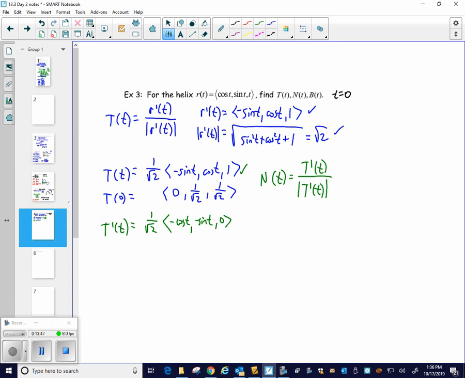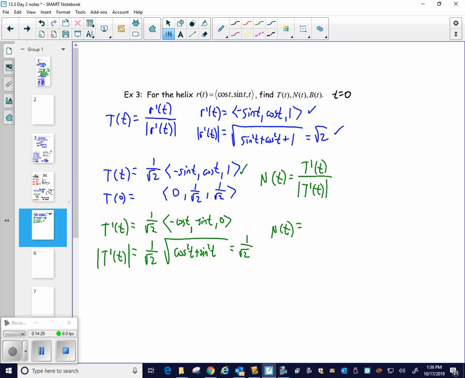I now need its magnitude. So the magnitude of the coefficient is just the coefficient times the square root of cosine squared t plus sine squared t plus 0. So the inside of that is just 1, so the magnitude is 1 over root 2. So the unit normal vector is going to be T prime of t divided by 1 over root 2.